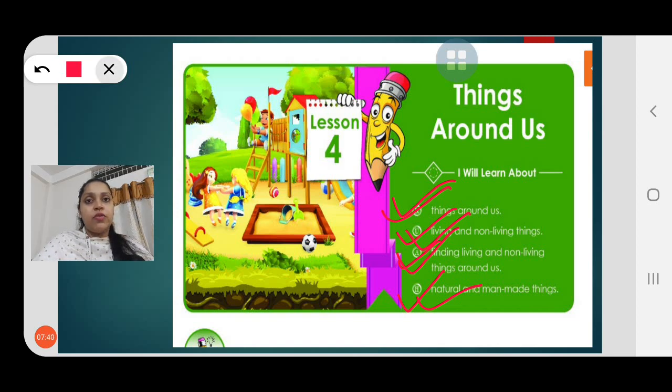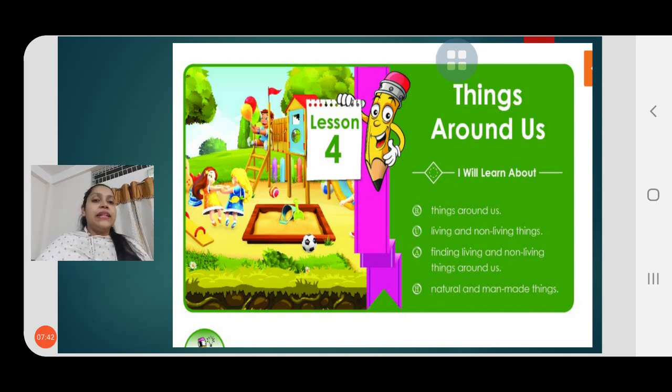Okay children, so let's proceed. With the name lesson 4, it's given things around us. So children, what do you understand by things? There can be many things, like your pencil box, your clothes, when you sit in the drawing room, the sofa, the center table, the various showpieces.